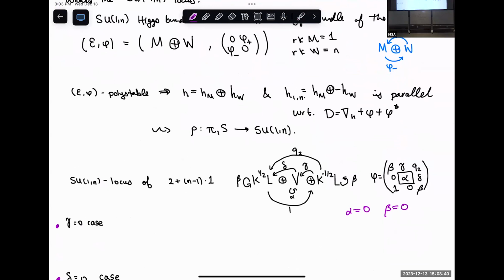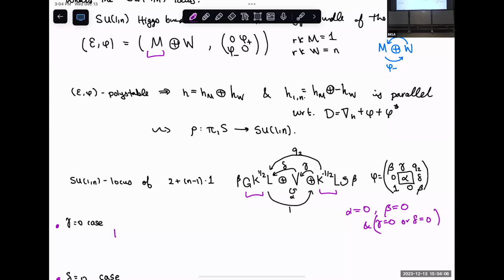So the line bundle M, that's special, has to be one of these two line bundles. What that means is that alpha has to be 0, beta has to be 0, and gamma has to be 0, or delta has to be 0. So it's an "and" of this statement, and one of the gamma or delta has to be 0.